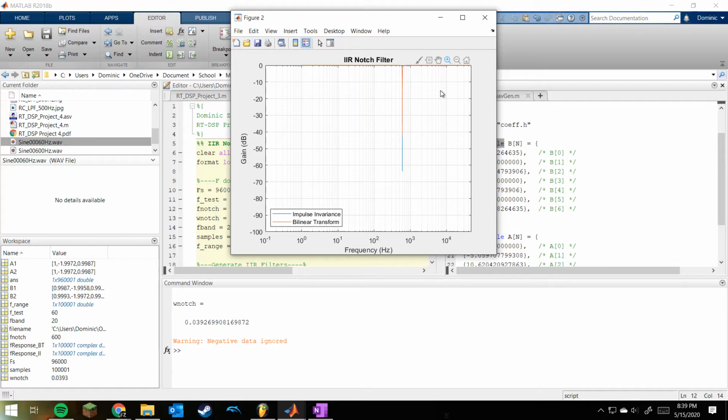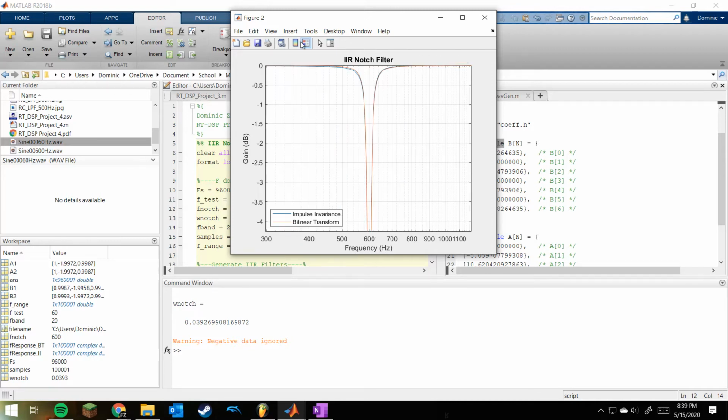If we go ahead and zoom in, we should see at around -3 dB, it should be the notch frequency minus 10 and then the notch frequency plus 10 because we had a bandwidth of 20. And so there we go. Looks good.